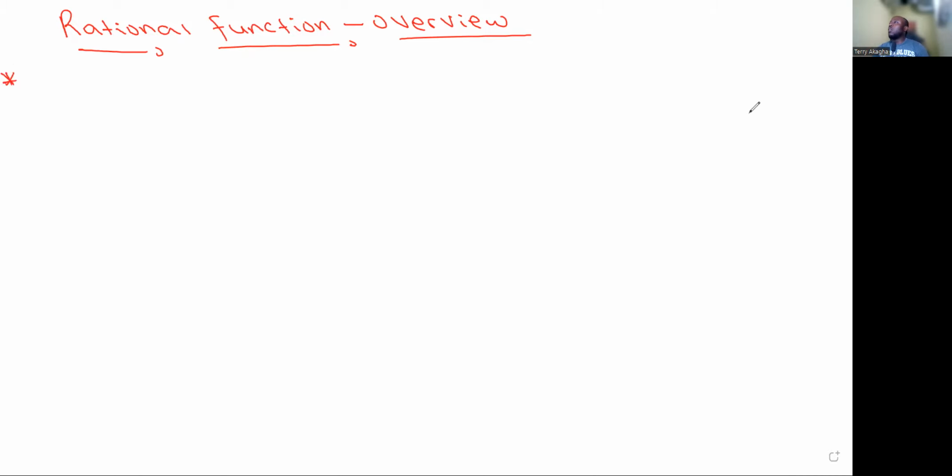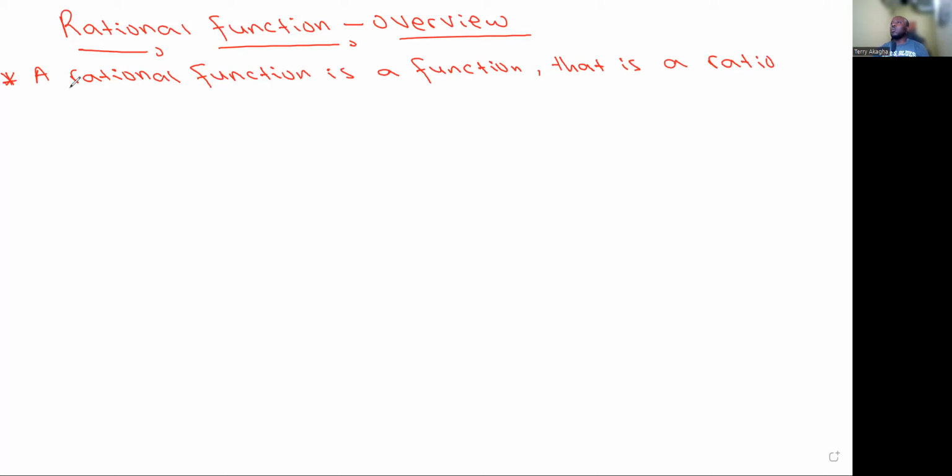So let's go. The first thing is that a rational function is a function that is a ratio of polynomials.